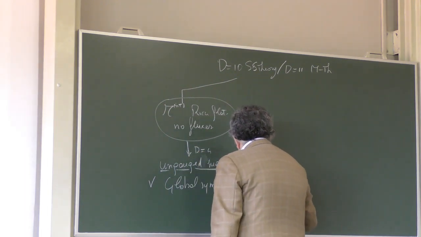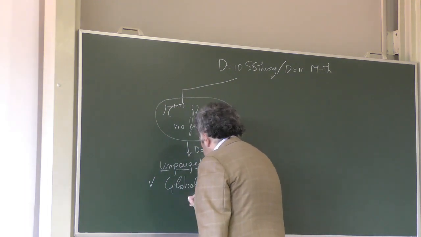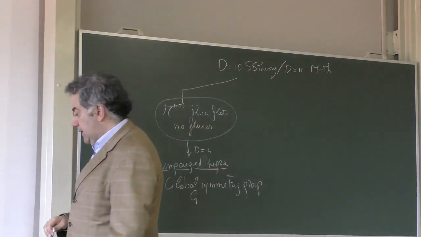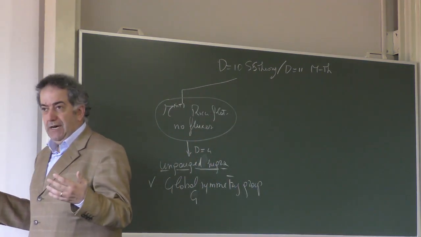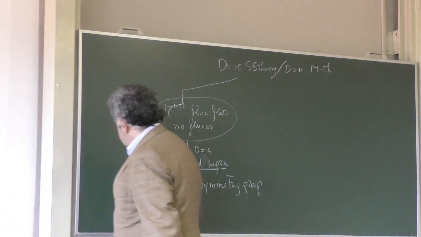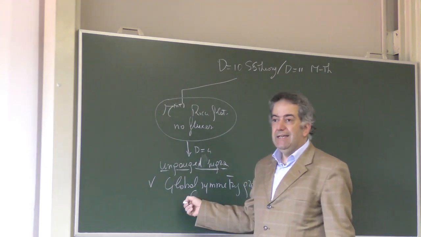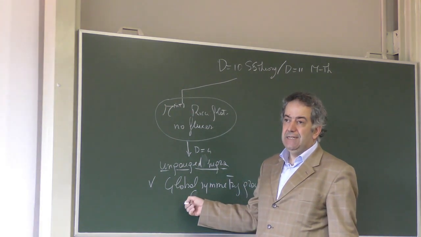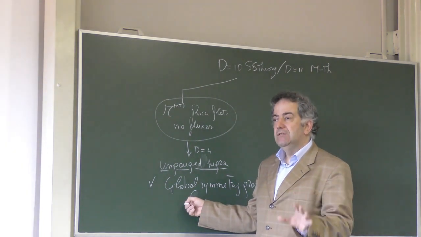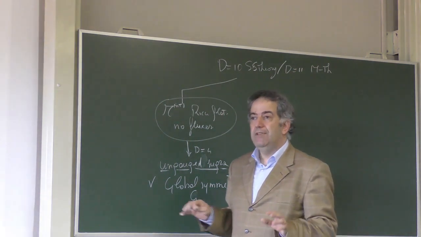symmetry group, called G. They feature a global symmetry group, G, which in some cases is quite large, okay? And this global symmetry group has a physical relevance, since it contains part of the so-called string theory dualities.